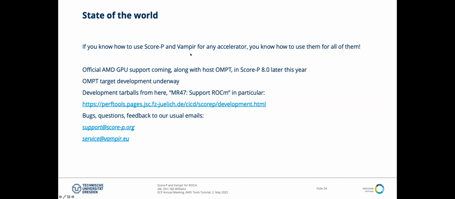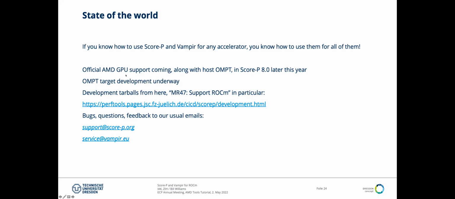And the quick summary: if you already know how to use Score-P and Vampir for any accelerator, you know how to use them for all accelerators. We're going to have both AMD GPU support and host OMPT support officially released in Score-P 8, coming hopefully later this year. We have started on OMPT target development.